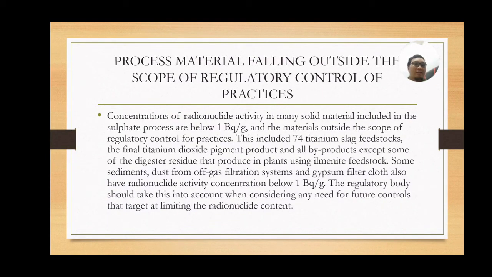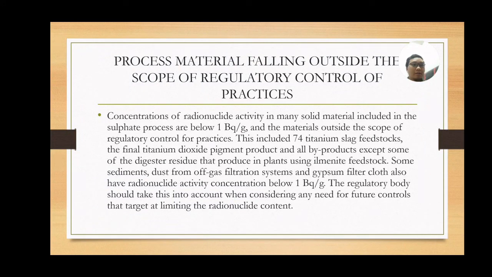Last but not least is processed material falling outside the scope of regulatory control of practice. Concentration of radionuclide activity in many solid materials in the sulfate process are below 1 Bq per g and the material is outside the scope of regulatory control for practice. This includes titanium slag feedstock and final titanium dioxide pigment product and all byproducts except some of the digester residue that is produced in plants using ilmenite feedstock.